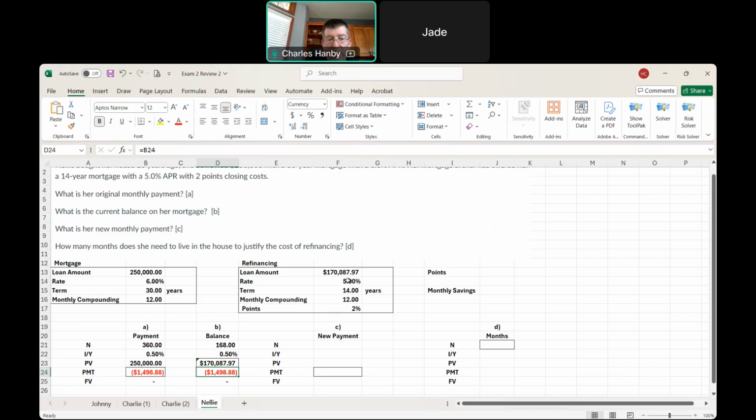So now the rate on the new loan is going to be $170,000 at 5% for 14 years. So N is 14 times 12. I/Y is 5 divided by 12.